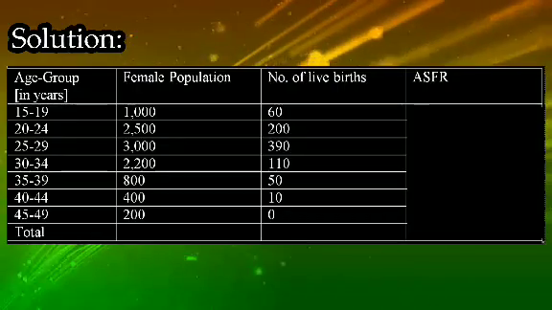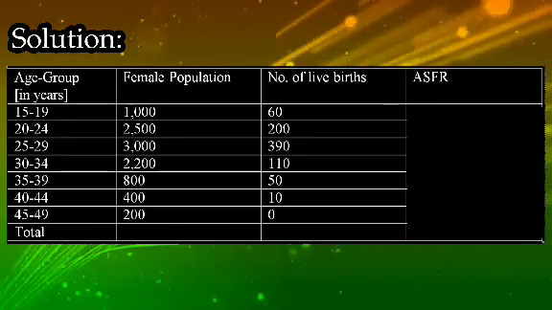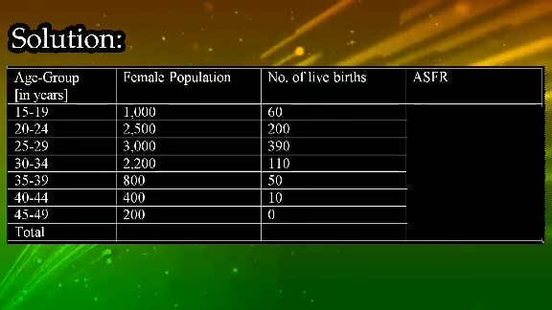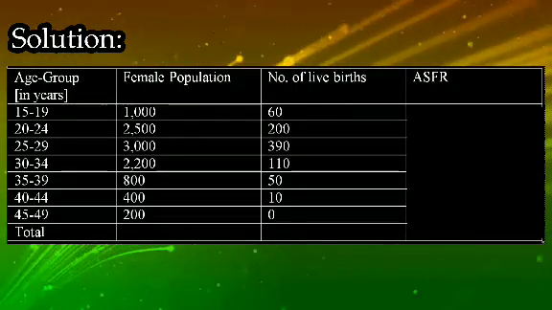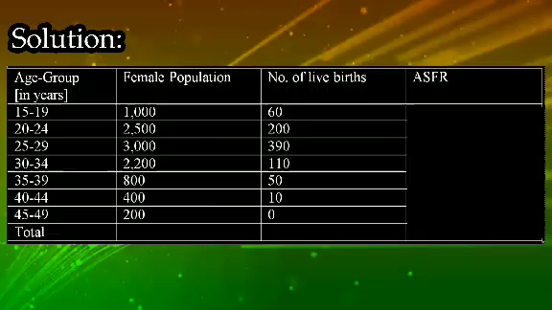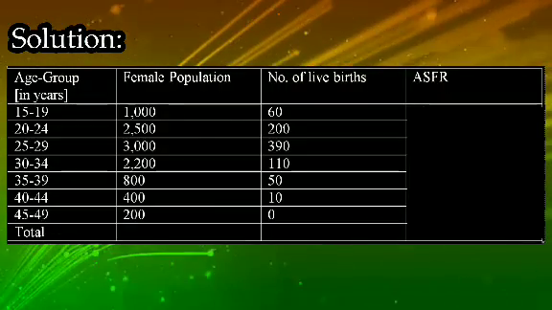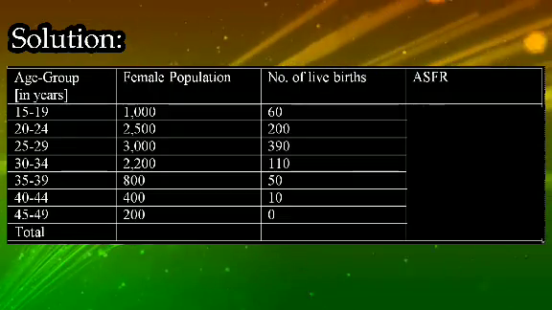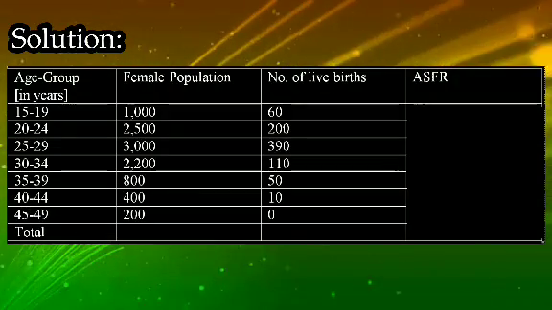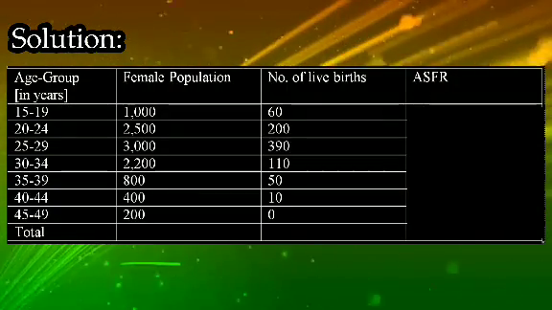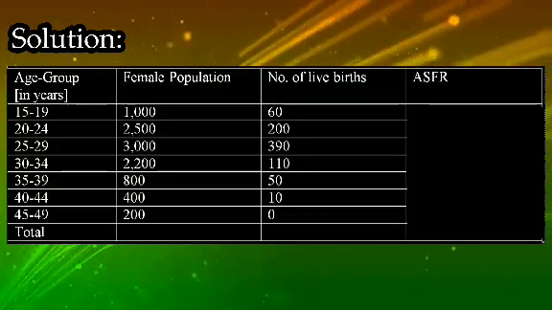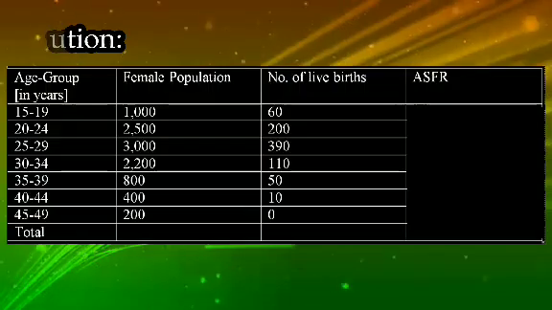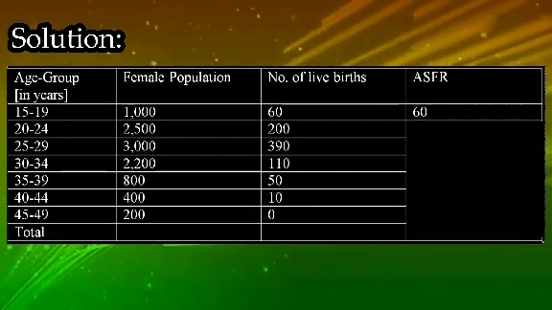ASFR equal to average number of live births in a specified age group in a year divided by total number of females in that particular age group in a year multiplied by 1000. After that, compute ASFR value, that is birth divided by female population multiplied by 1000, which is 60 by 1000 multiplied by 1000. So the first ASFR value is 60.